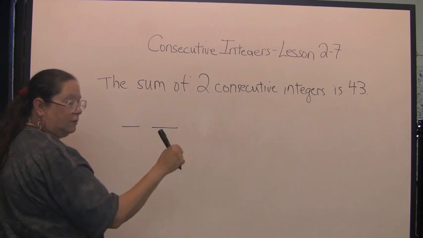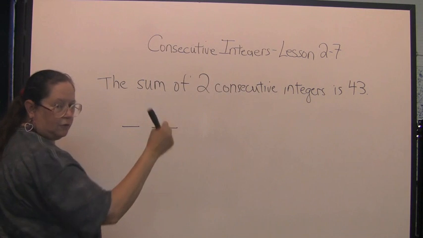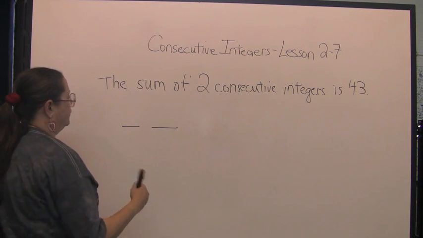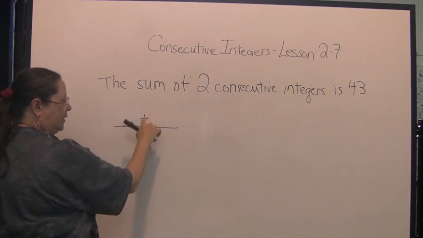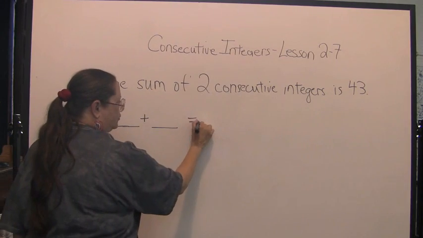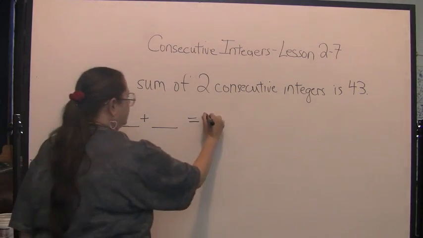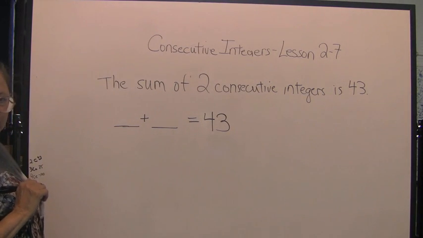That means like 3 and 4, or -2 and -1, or 0 and 1, so they're right in order. Sum means plus, means I add, and "is" is my equals, and 43 is what I get when I add them together.